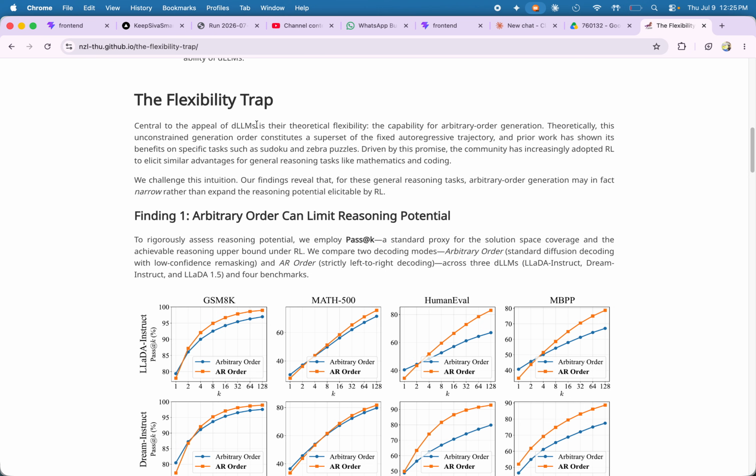We have seen that this kind of DLLM has good benefits across specific tasks like Sudoku or Zebra puzzles, where the order doesn't matter. But for general tasks, it still isn't doing well. So now people are trying different RL approaches on top of these DLLM models to make sure they are even better for mathematics and coding.